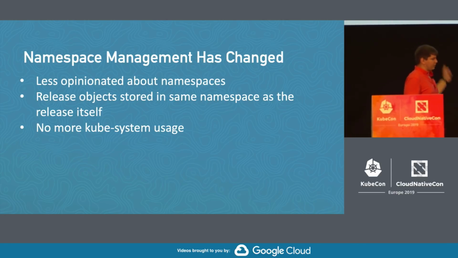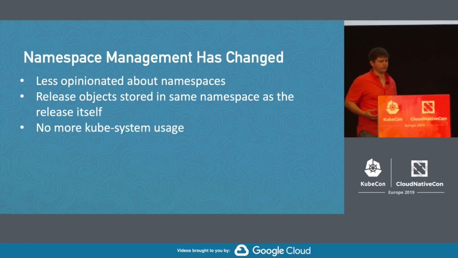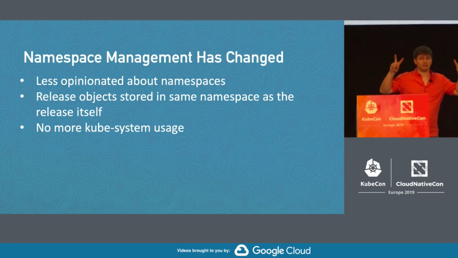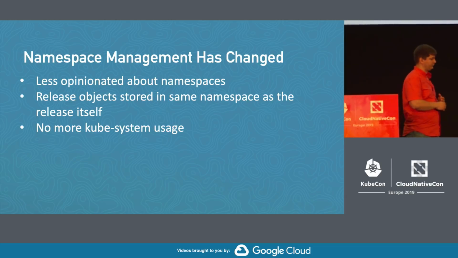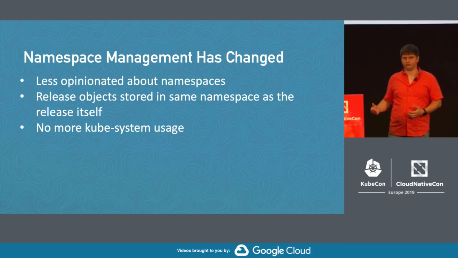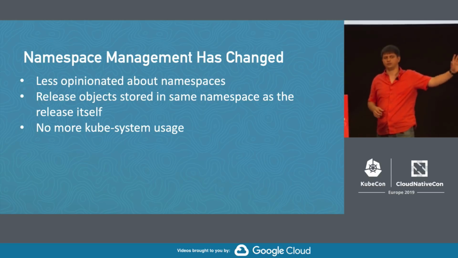So this is the part that I quickly skipped, but one of the things was that namespace management was changed. With the removal of Tiller, because there's no such thing as a Tiller namespace, we started to think about how releases could be scoped to the namespace rather than being globally scoped, as in scoped to the Tiller instance.